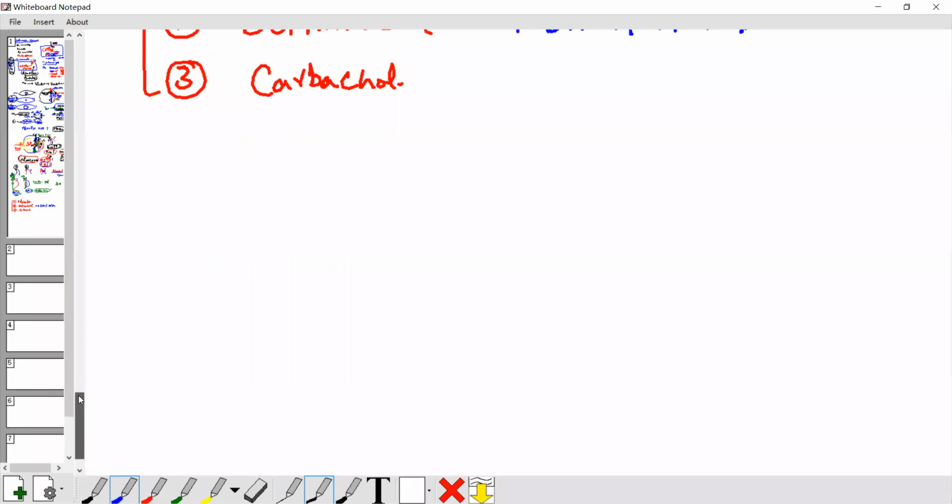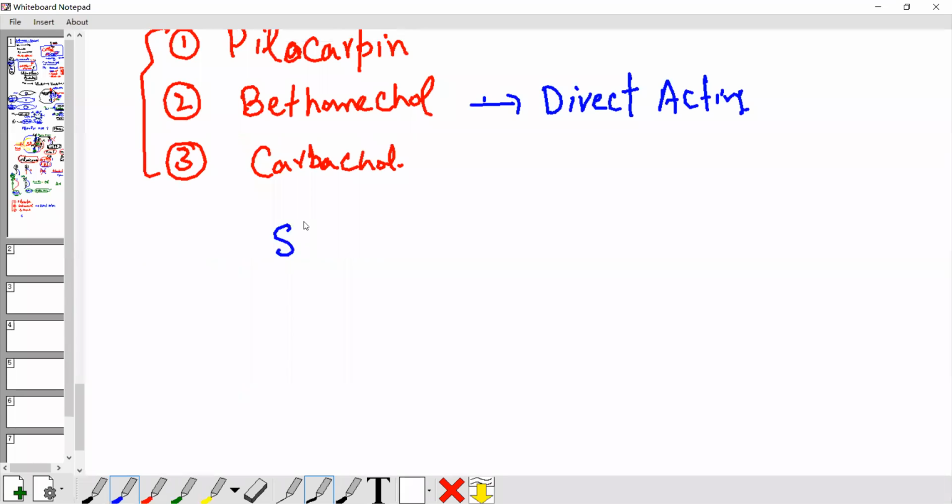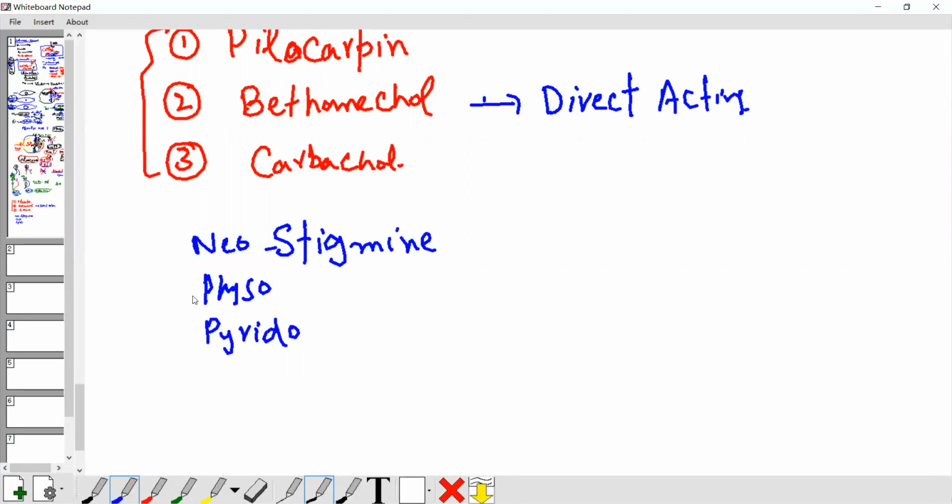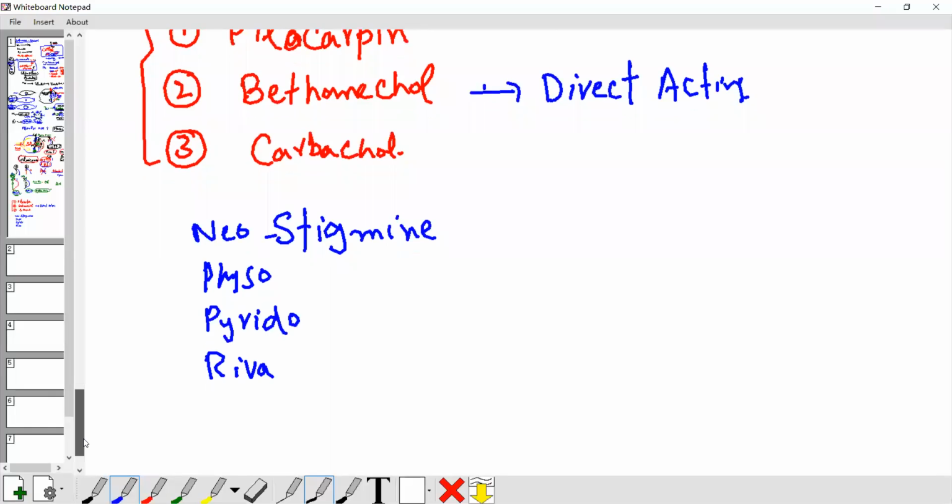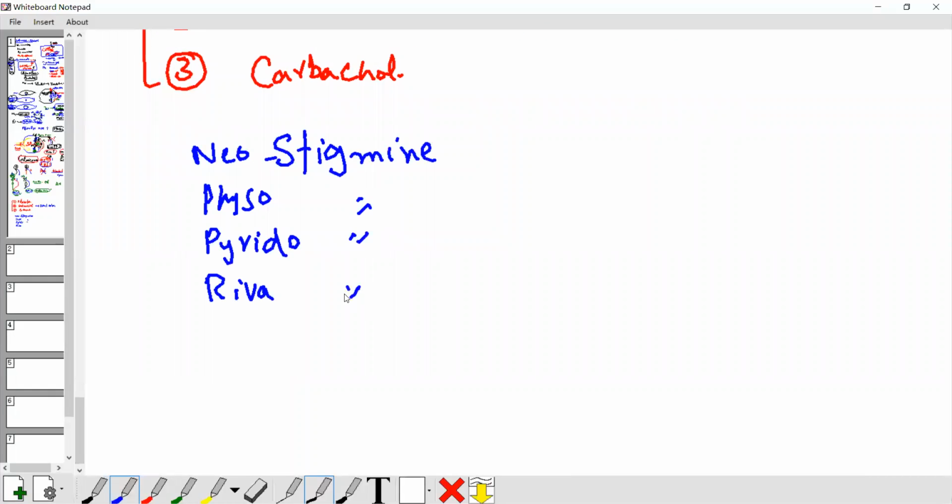Next group we explained yesterday. Which group? Stigmine: neostigmine, physostigmine, pyridostigmine, rivastigmine. All are stigmines. Next, tacrine. Next, galantamine.